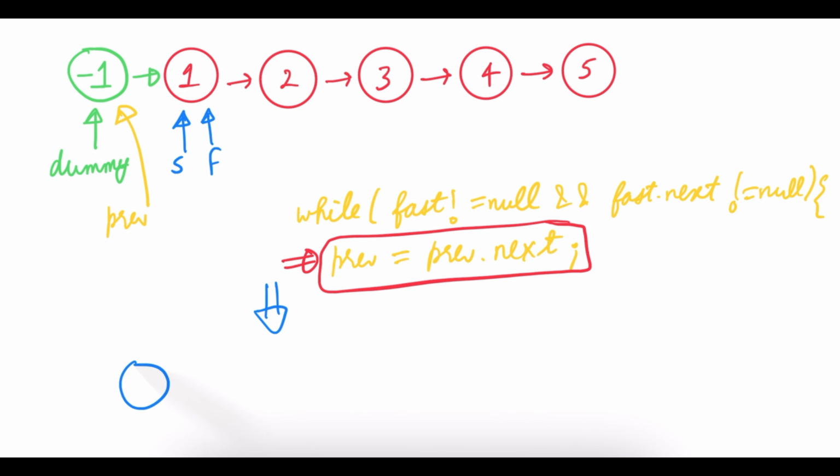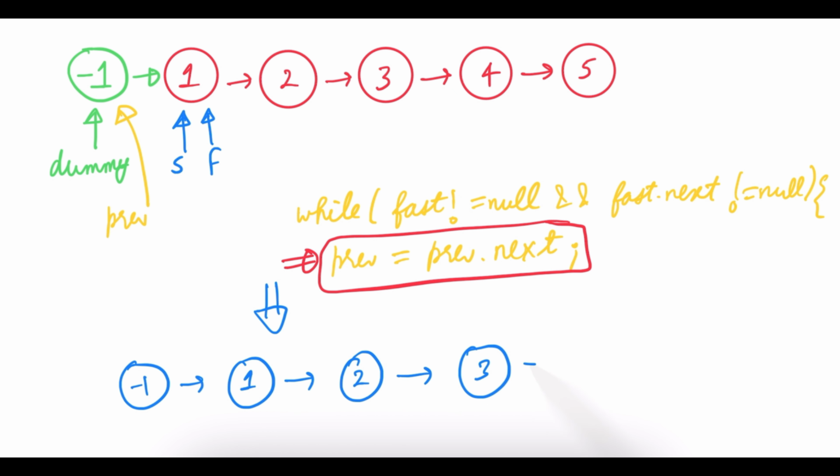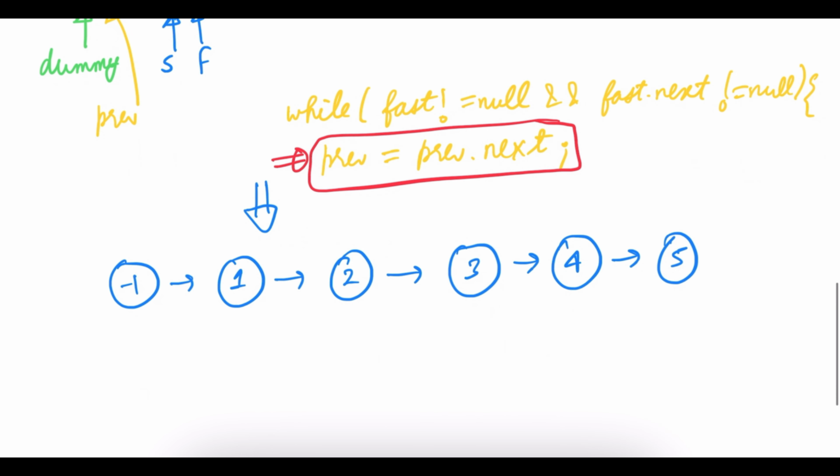So here I have my dummy node. This is node 1, this is node 2, this is node 3, 4 and 5. So my slow pointer is going to be here and my previous is going to be here. My fast, as you know, is going to be here.